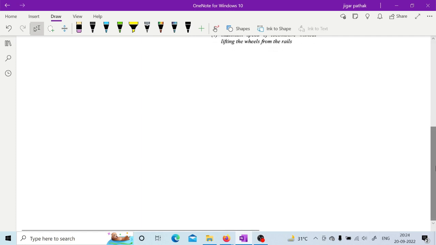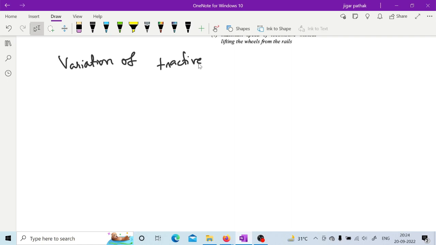As we discuss about variation of tractive effort, see here it is effort, so it is the force, right? This is the horizontal component as we have seen recently. In case of balancing of reciprocating masses, this is the unbalanced force in horizontal direction, (1 minus c) m r omega square cos theta.